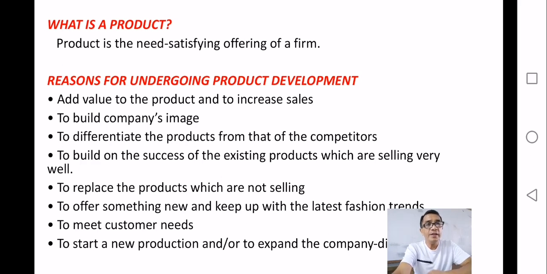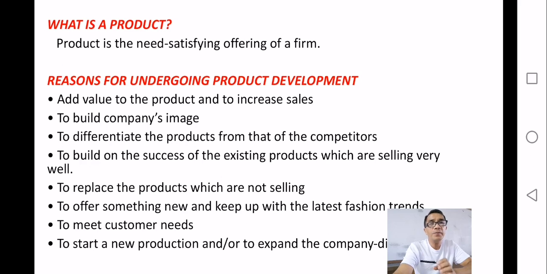And remember when we discussed Unit 4, it was mentioned there that we always try to find a gap. We always try to find a problem that we can answer so that we can introduce our product.